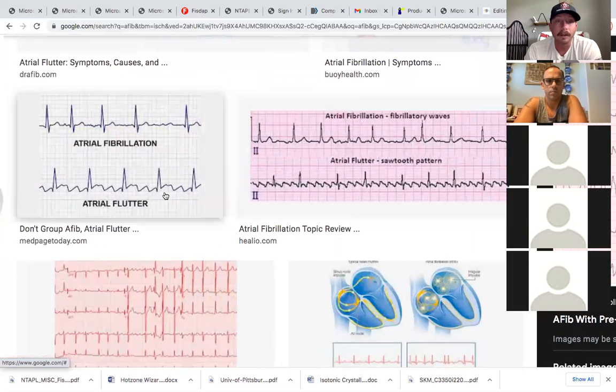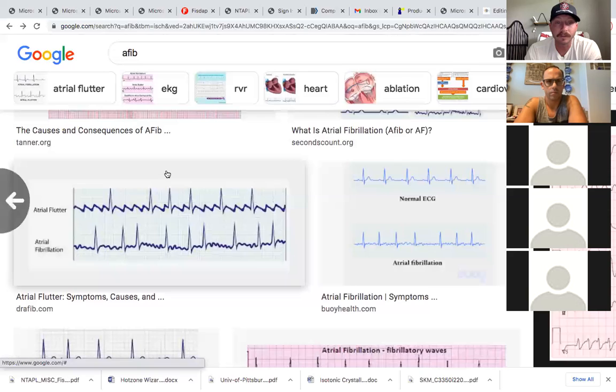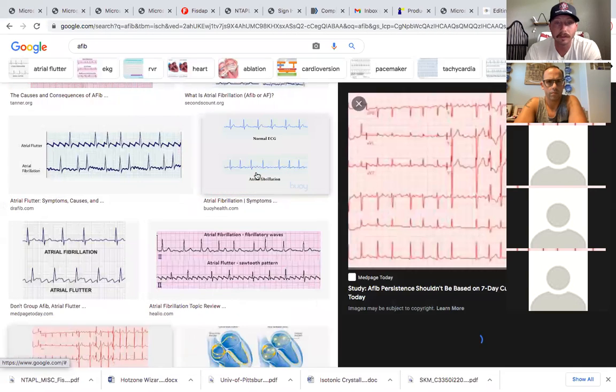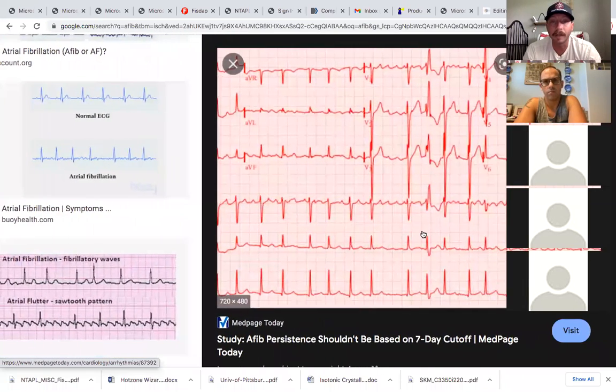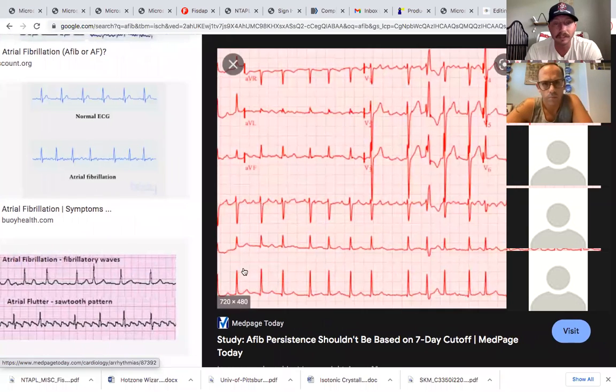Let's look at one more AFib. So if we look at here, right, now this is narrow and it's a little bit slower, right? It's a little bit easier to see that I don't have discernible P waves. I've got irregular R to R. It's atrial fibrillation, and the rate is 1, 2, 3, 4, 5, 6, 7, 8, about 80.